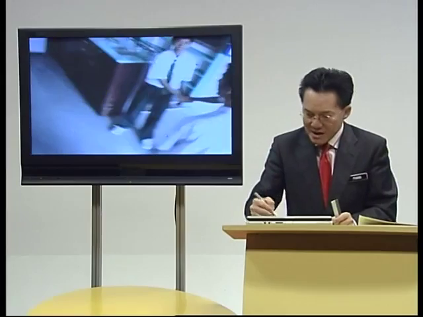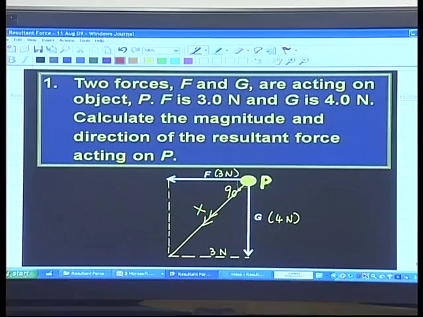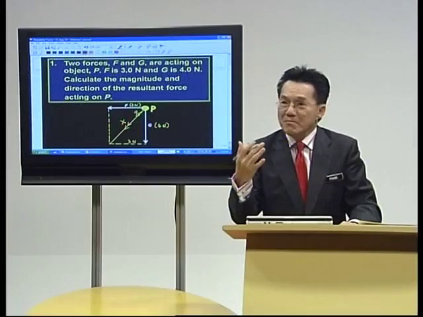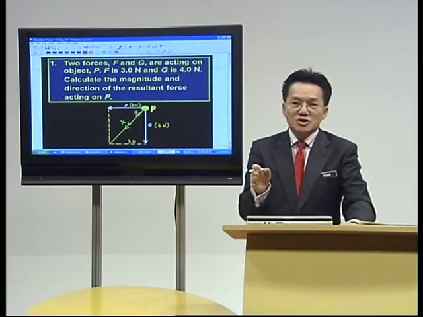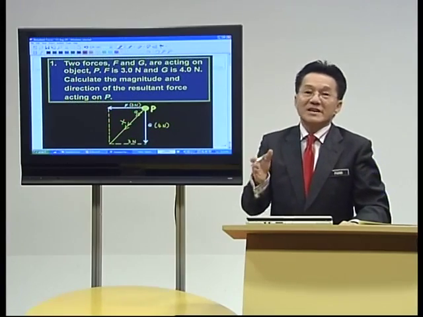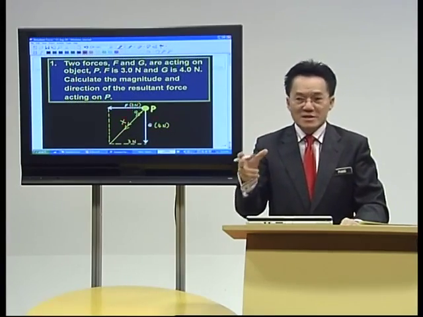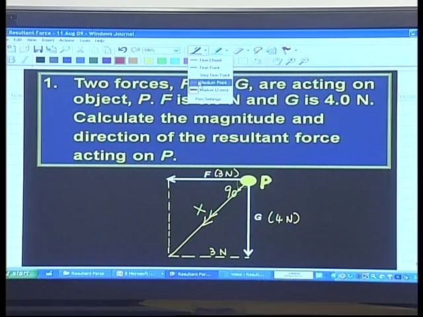Now let us go back to our question. Now that we have understood the concept, that the resultant force must be in the direction as shown by X, our job now is to calculate the magnitude of X, and also we need to calculate one more thing.